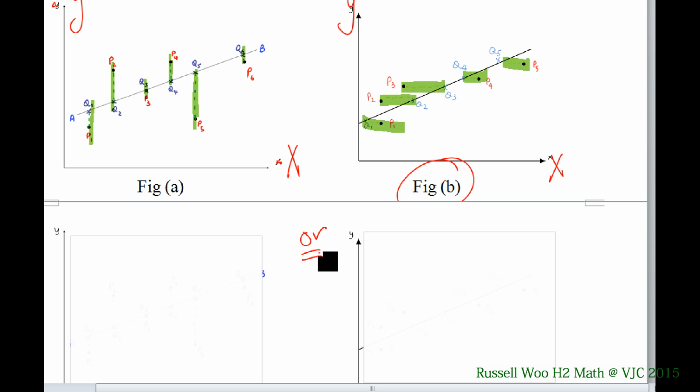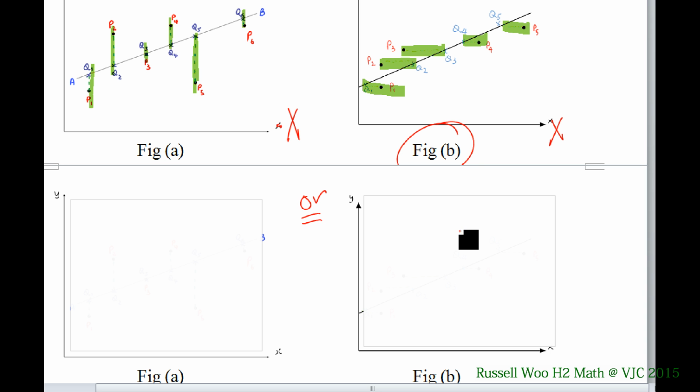Or your figure B could look like this. If you decide to say this is x, this is y, then your dots are like that. You are still minimizing this PQ square. Follow what I'm saying? You are still minimizing this PQ square.